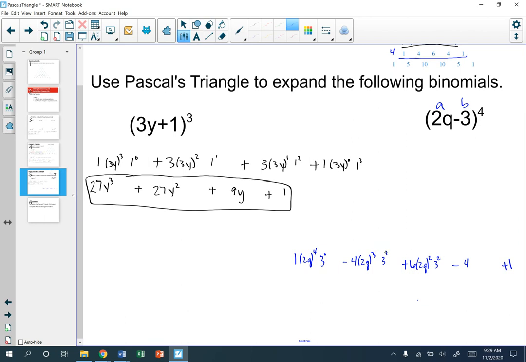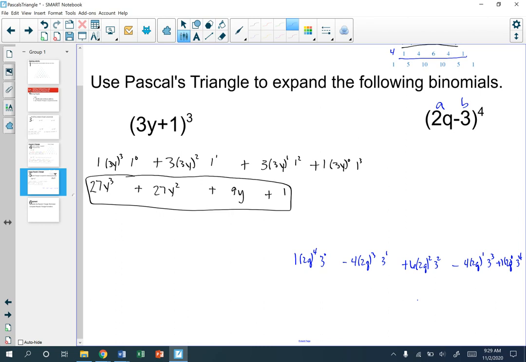Remember, these always add, in this case, to be 4. Now I have minus 4 times 2q to the 1, 3 to the third, and I'm going to scoot this over a little bit, plus 1 times 2q to the 0, and 3 to the 4th. Now again, I figured out those exponents because the exponent of a is decreasing each time, and then it needs to add to be 4.